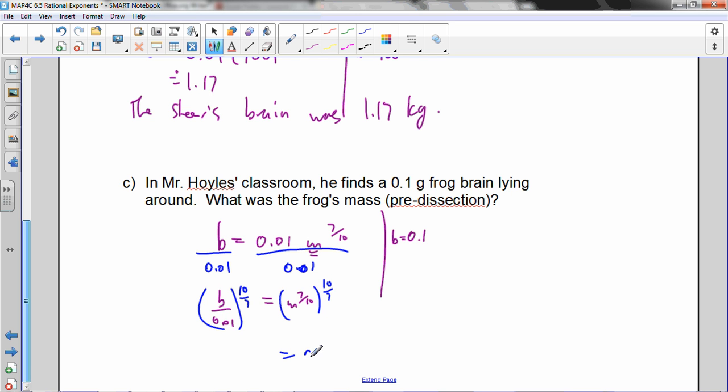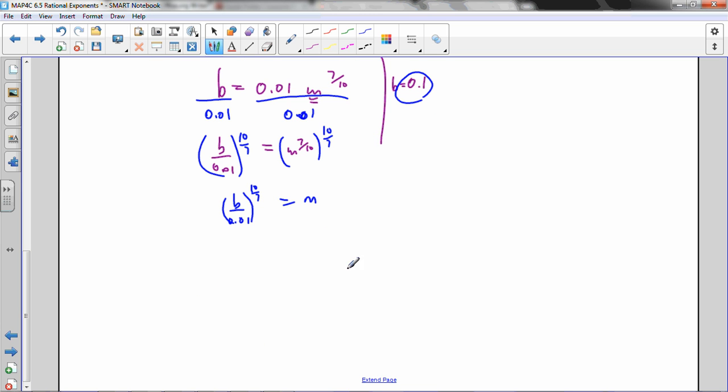So the formula for mass of the animal in terms of brain size, this example is just a little bit on the disgusting side, isn't it? And now I can put in my B in there and I'll calculate it, right? I can do it all in one step. Put that into your calculator in one step.